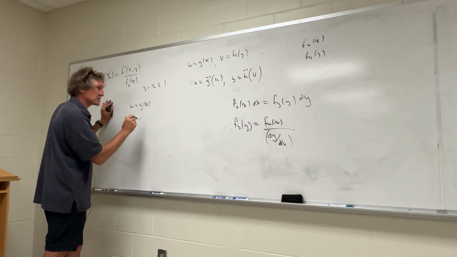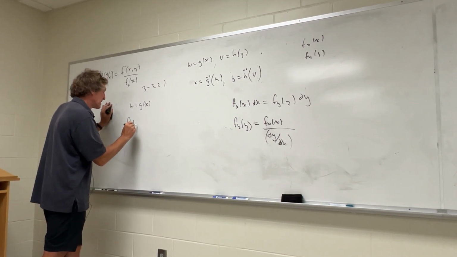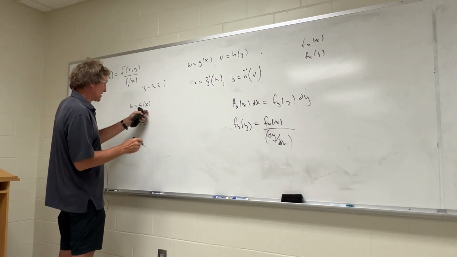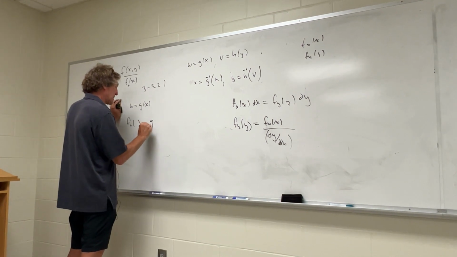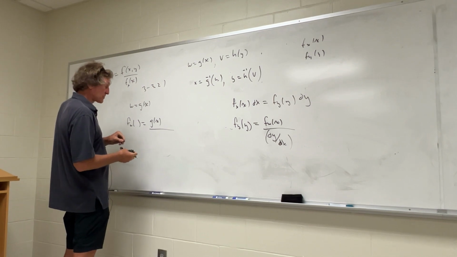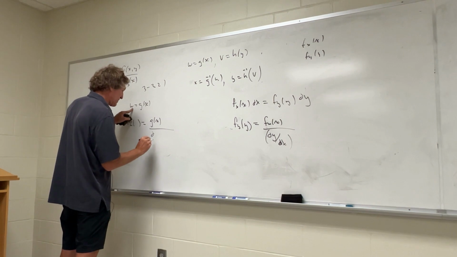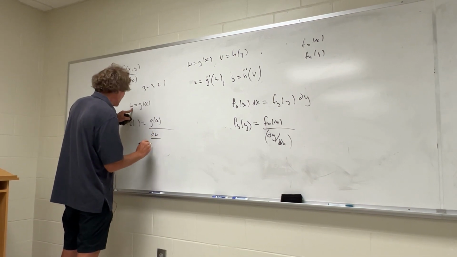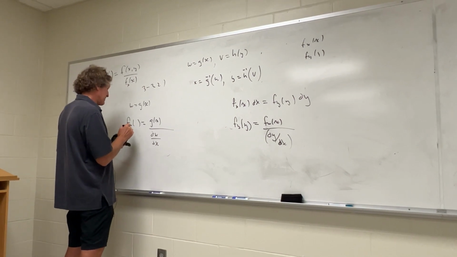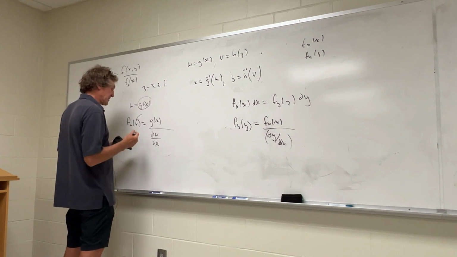So if I want the statistics for w, if I want f of w right here, then what I can do is take this f of x, or g of x, and then down here, I would take a derivative of w with respect to x. And this is going to be f of w, and you replace here w with this value in here.